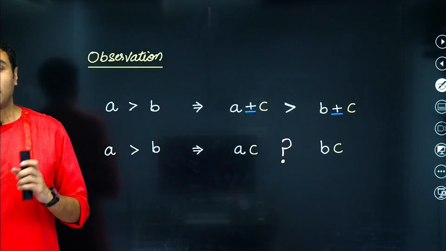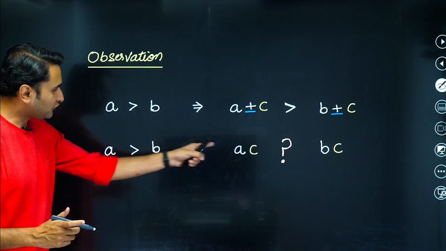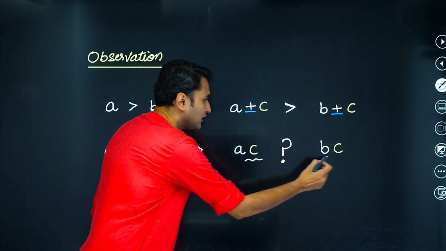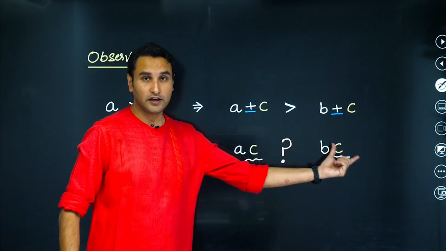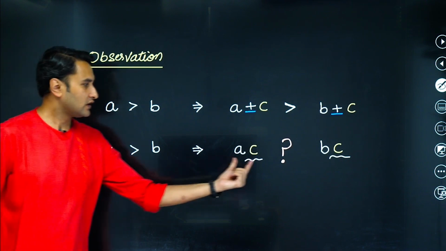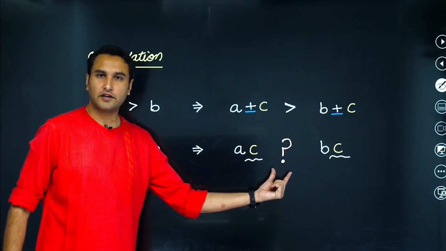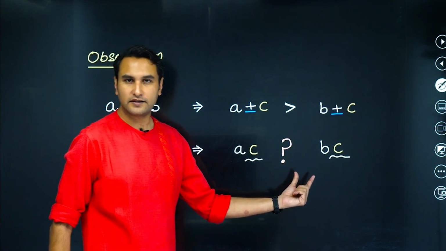But what if I multiply both sides by the same number? What if I multiply both sides by the same number C? What I've done here, A into C, B into C. What was given to me was A greater than B. My question is, what's going to be inequality here? Greater than? Can it become also less than?